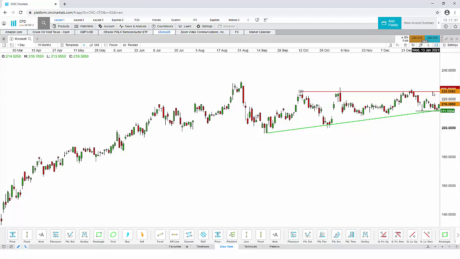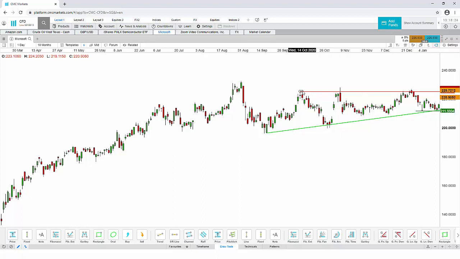Now, like I shared with you, one of the golden rules: we know this is a resistance, it tested 3 times, but how would I know whether this resistance is strong enough? Because like I said earlier, resistance can also be broken and turn into a support. The next step is to look at the prior action of this instrument, which is Microsoft.